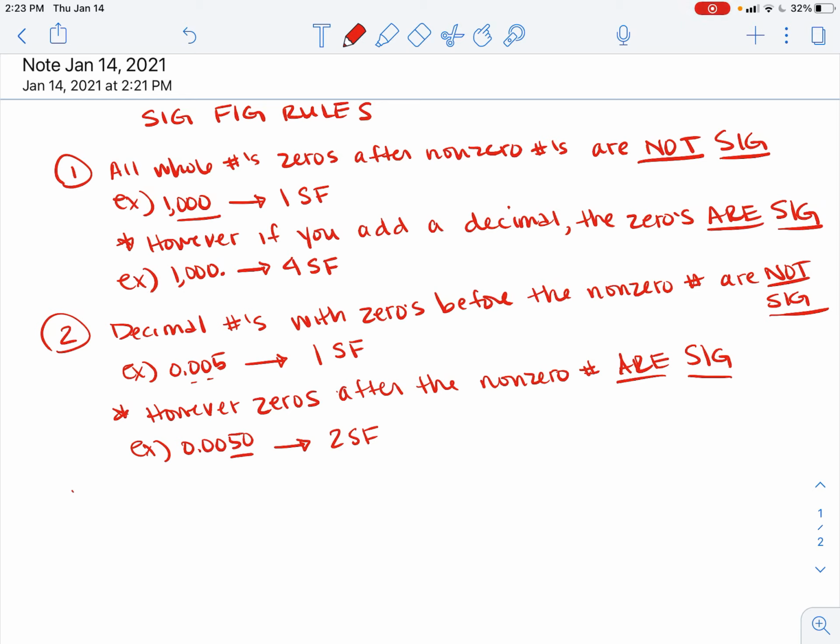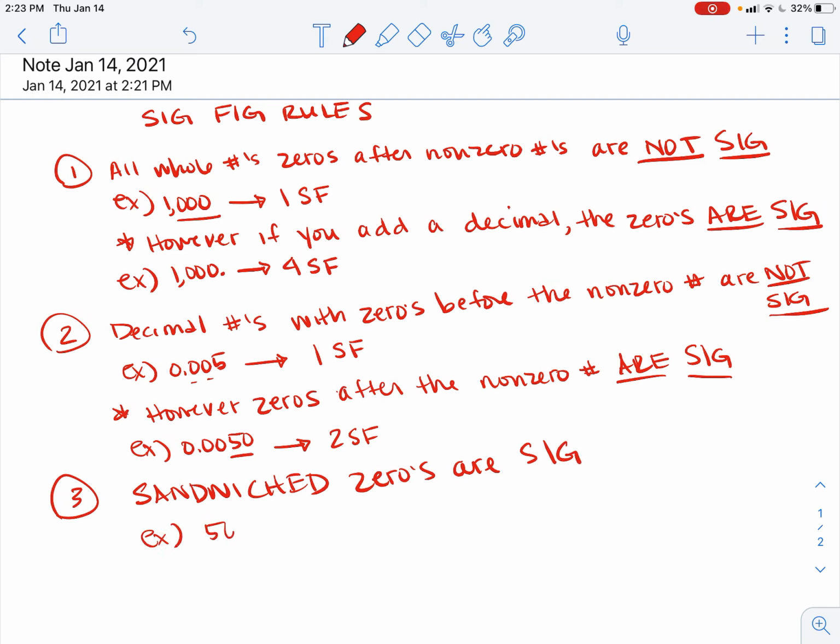Okay, and then there's a third rule that sandwiched, I know that's kind of a funny word, zeros are significant. So an example being 500,500. How many significant figures is that?